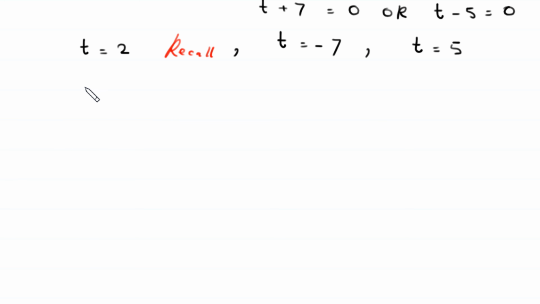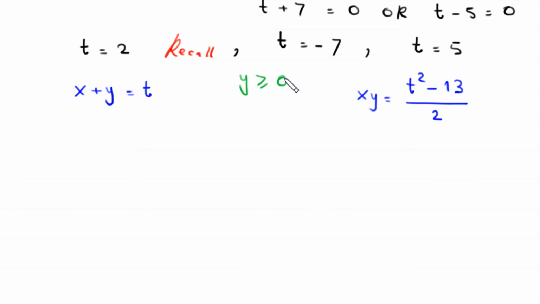We have supposed that x plus y is equal to t, and to find the values of x, y we use this equation. X times y equal to (t squared minus 13) divided by 2, and we remember that y must be greater than or equal to 0.